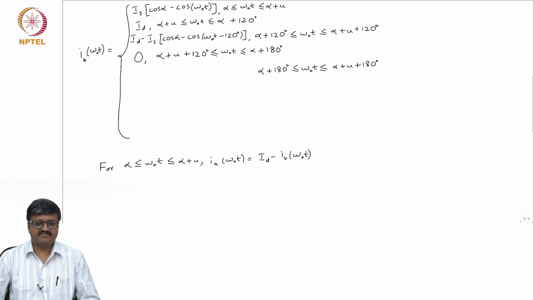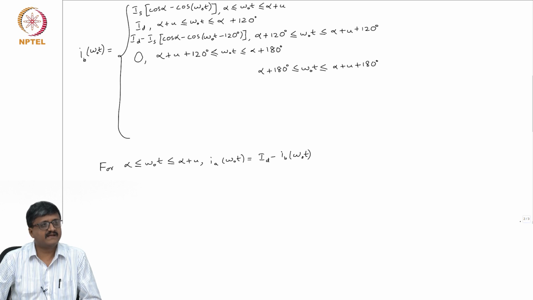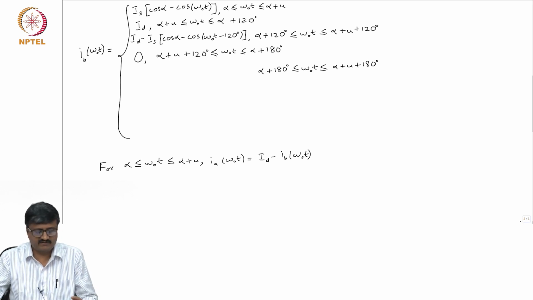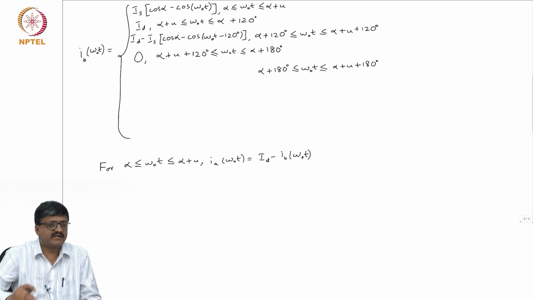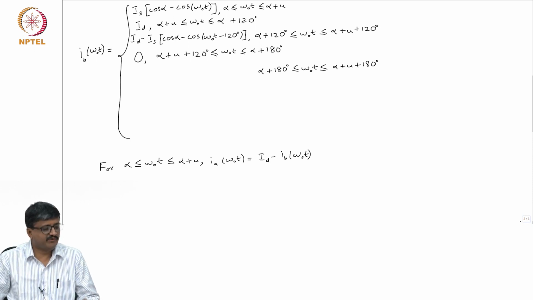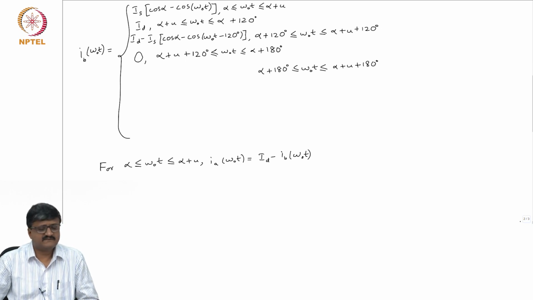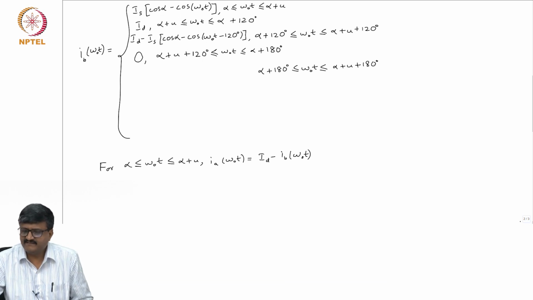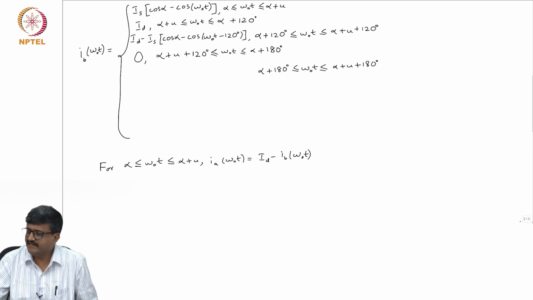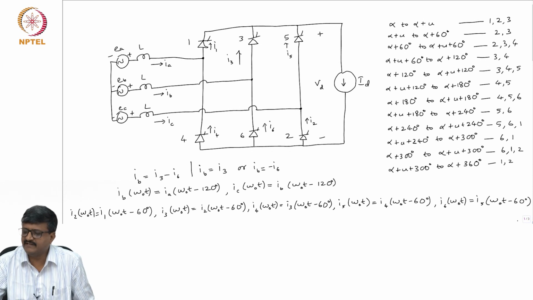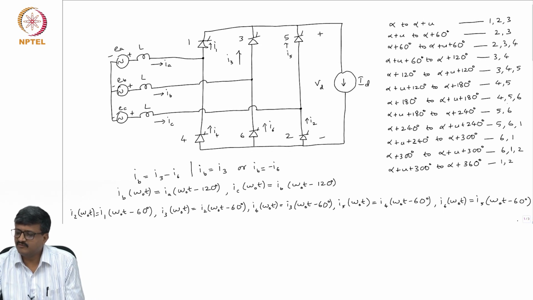So, what should be the expression for IB? If you take this subinterval, which valves are conducting? 4, 5, 6.